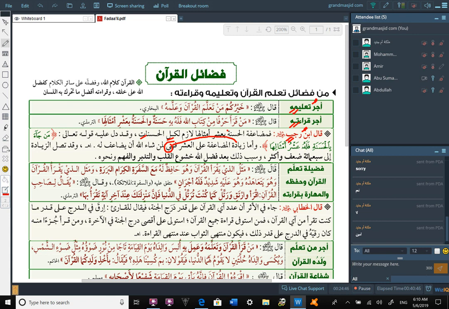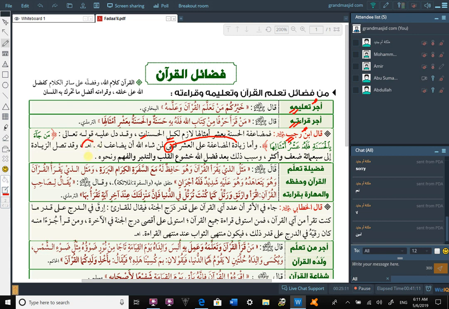Then this ziyada is for whoever Allah wishes, like the word masha'Allah or insha'Allah. Man sha'Allah, liman sha'Allah, for whoever Allah wishes. And yuda'afa lahu, to multiply for him.